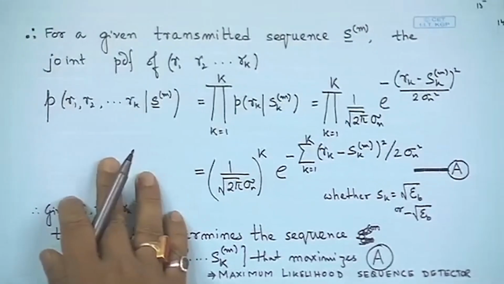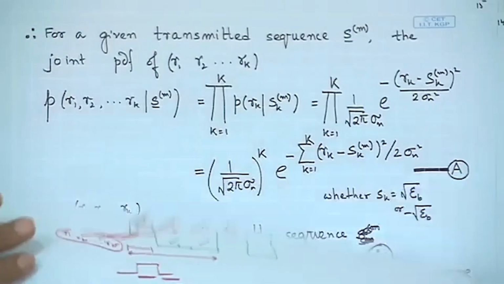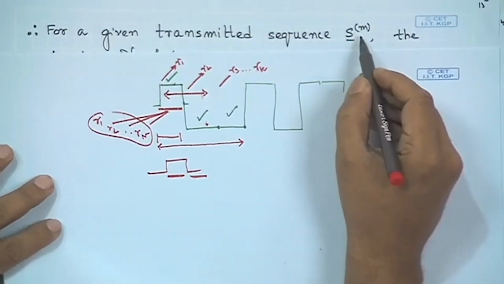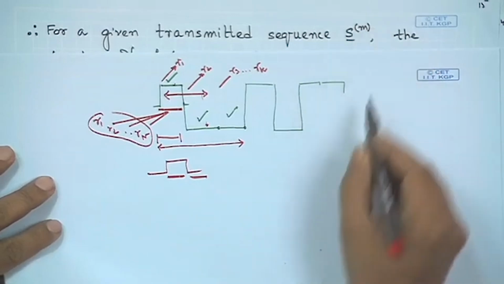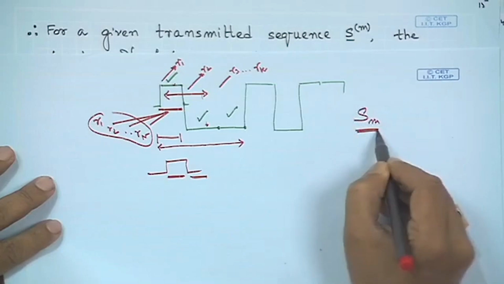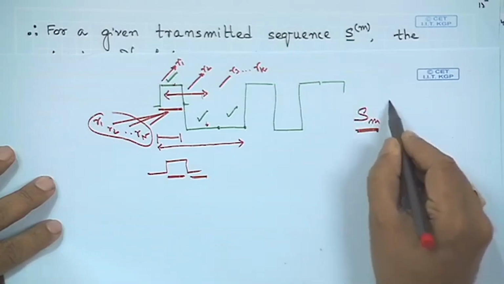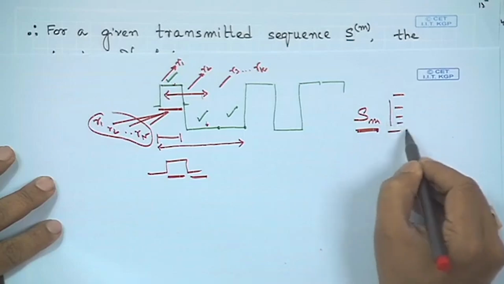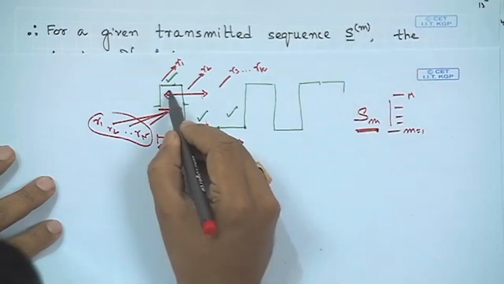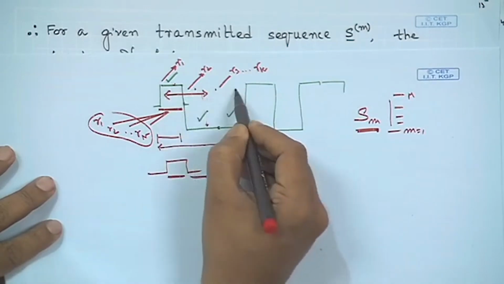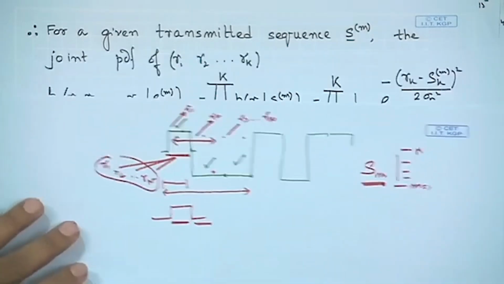So, now if we consider a given sequence S^m, so we now have m in the power to indicate it is a sequence. Earlier we had written S_m, so please note the notation is not the same. Here you have M possible different waveforms, but here this is a sequence, that means one signal, another signal, another signal, another signal. So, we are sending these signals out.